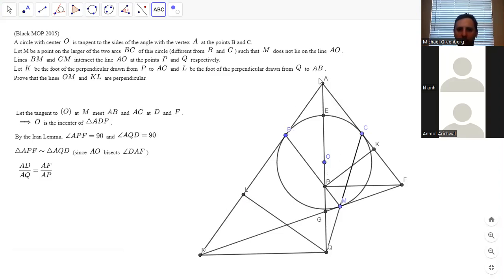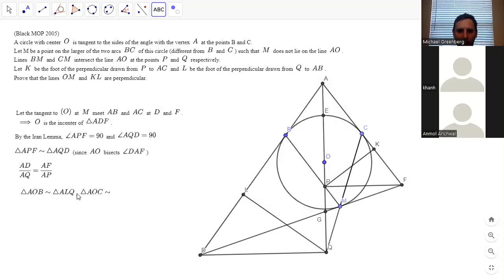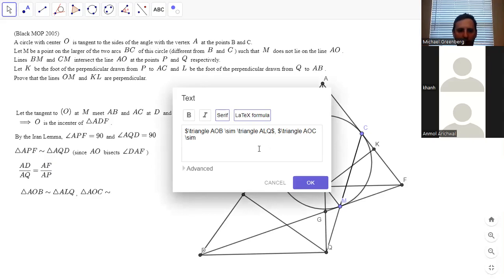Also AOB is similar to ALQ. And triangle AOC is similar to APK. Okay.